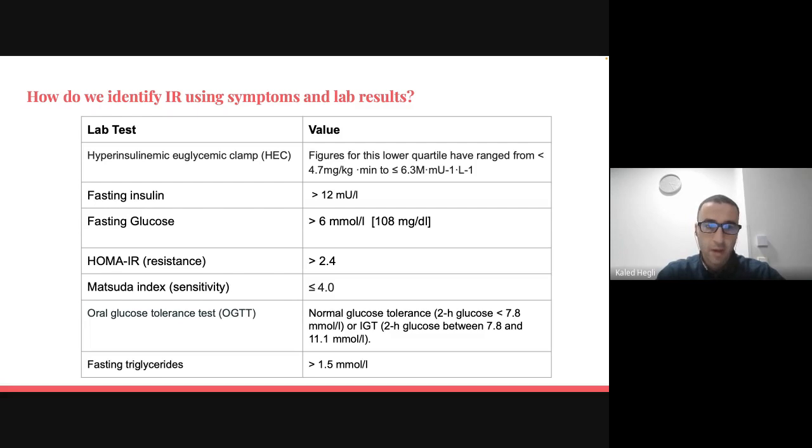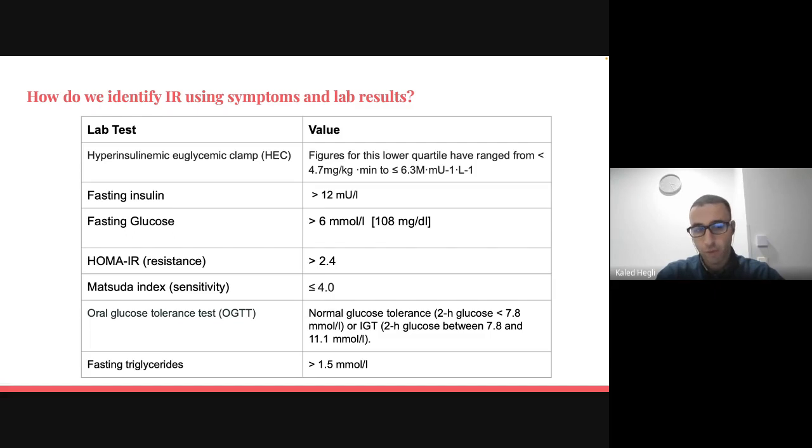We can say fasting glucose is another marker of the fasting state. We will start seeing an elevation in fasting glucose in the early stage and all the way up to diabetes.